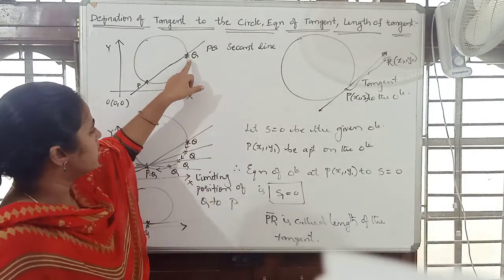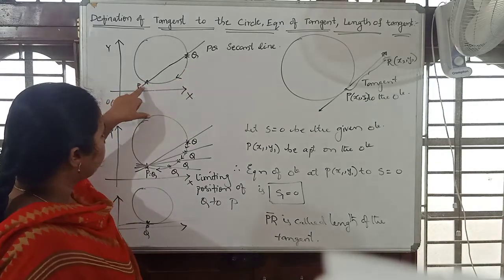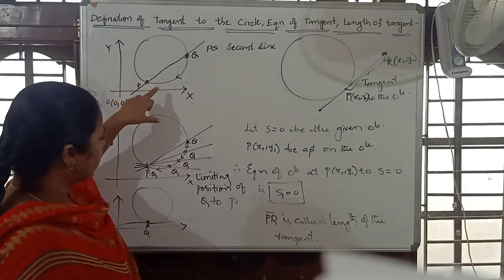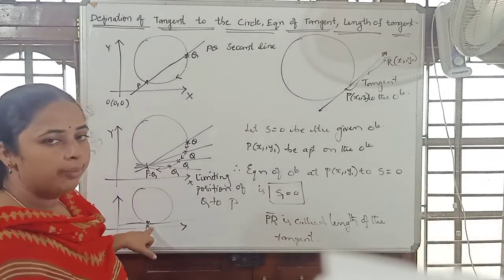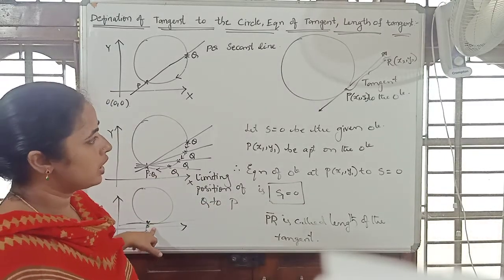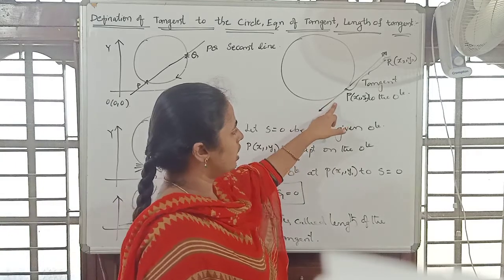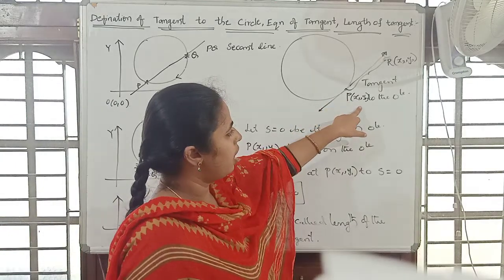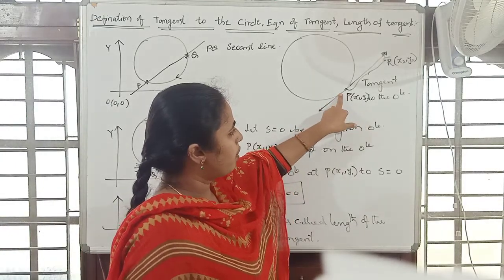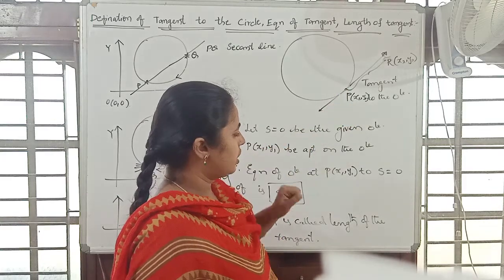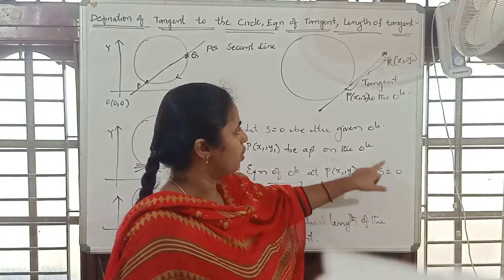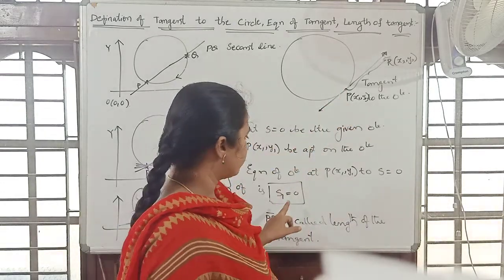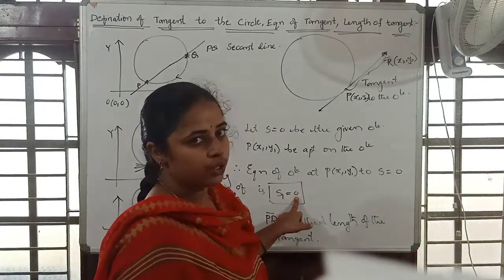And as this point moves towards P in this direction, the limiting position of Q to P will become a tangent to the circle. Now this is a tangent to the circle at the point P of x1 comma y1. To find the equation of the tangent to this circle S equal to 0 at this point, the tangent will be S1 equal to 0.